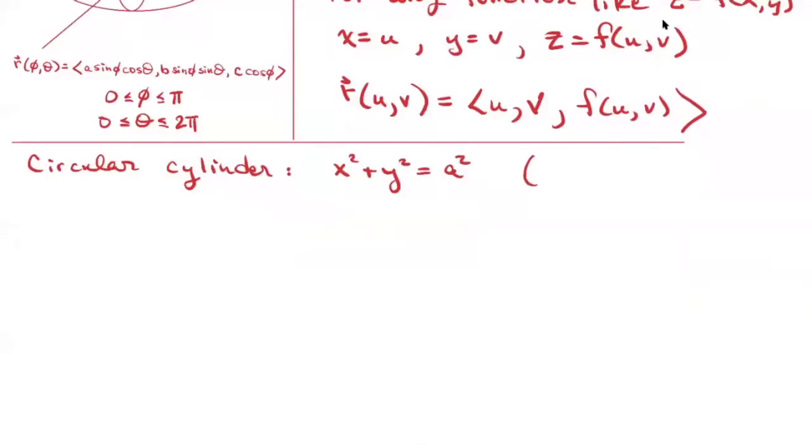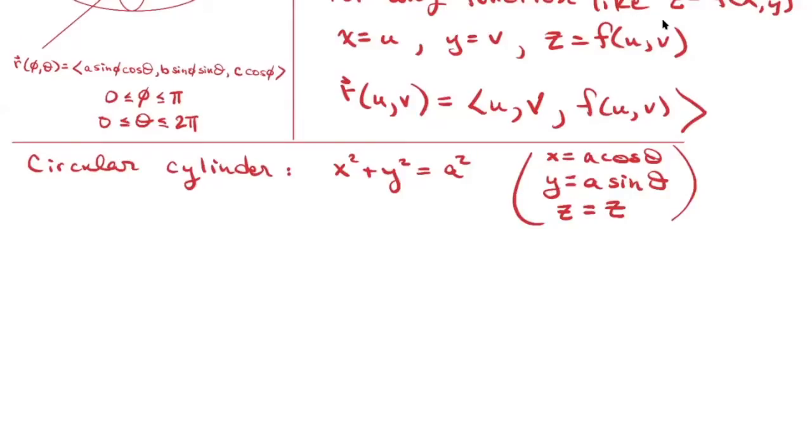So x would be a cos theta because the radius of the cylinder is a, y would be a sine theta. And then z is unconstrained, so you could just say z is z, okay?